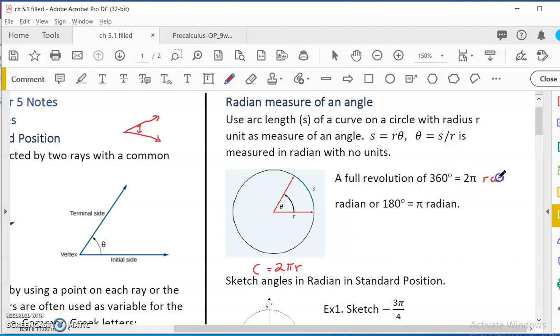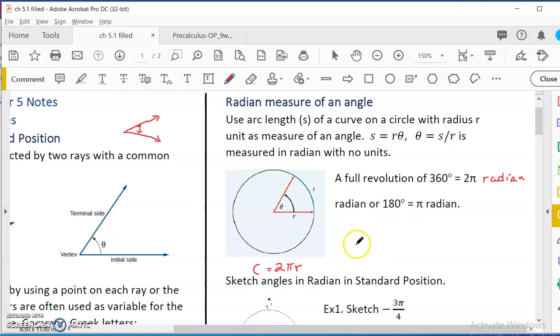Now radian actually has no unit, but we add radian at the end to tell us that the arc length has gone through 2 pi times the radius length. And if that is the case, 180 degrees is pi radians.